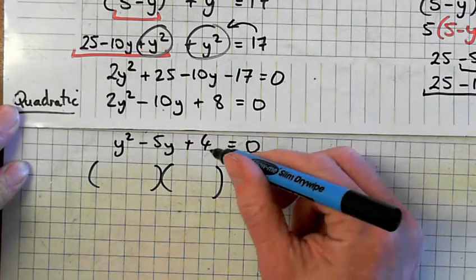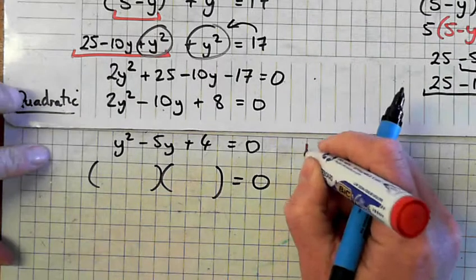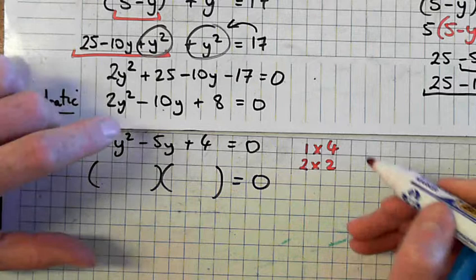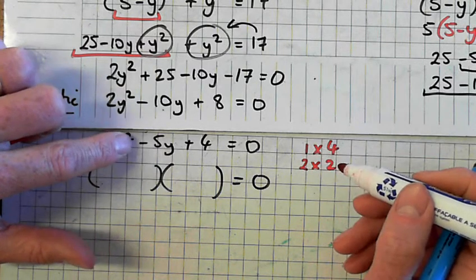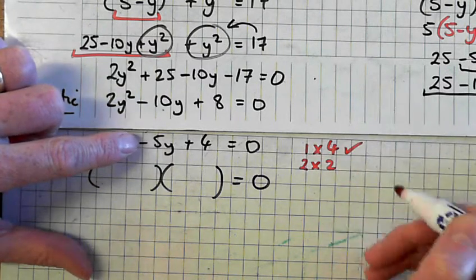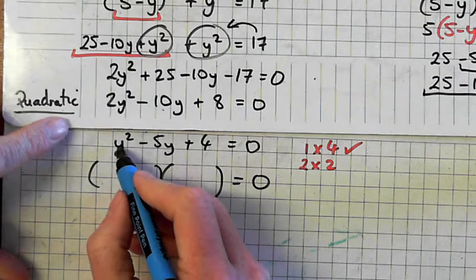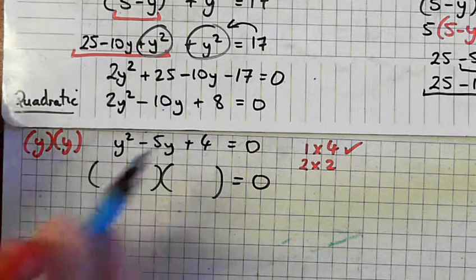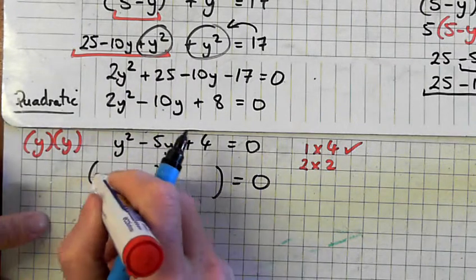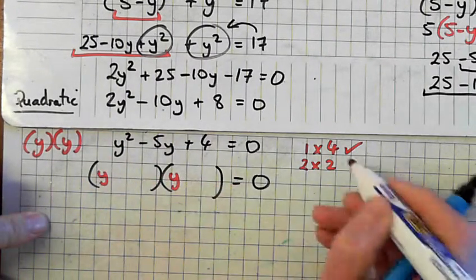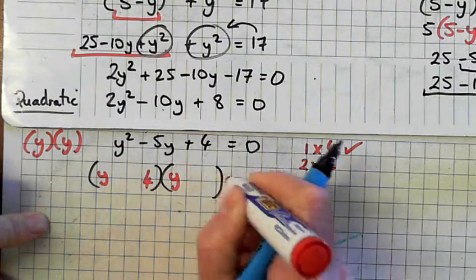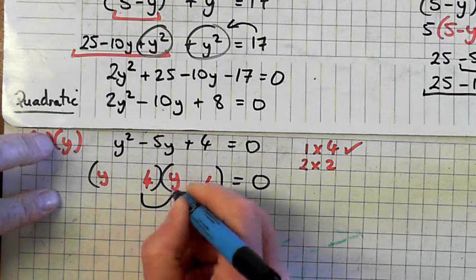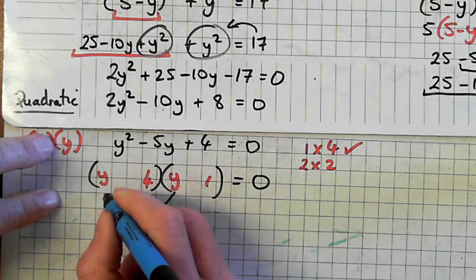Right, what are the factors of 4? 1 times 4 and 2 by 2. Now, which pair will add up to 5? Add or subtract, it will be 5. Alright? So the factors of y squared are y times y. So y goes here, y goes there. I'm going to use 4 and 1. Right, how do I get minus 5y? Do the test.